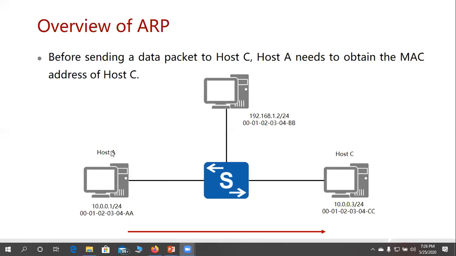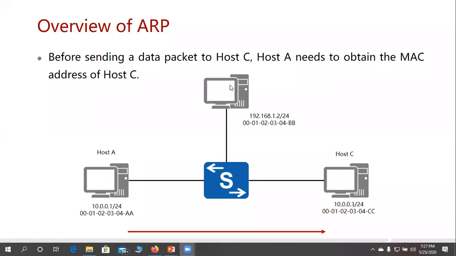So this host wants to send something to C, but host A only knows the IP of host C and not the MAC address. So what host A is going to do is send a message which is called a broadcast. If a message is a broadcast, it has to reach all the devices in a local area network.